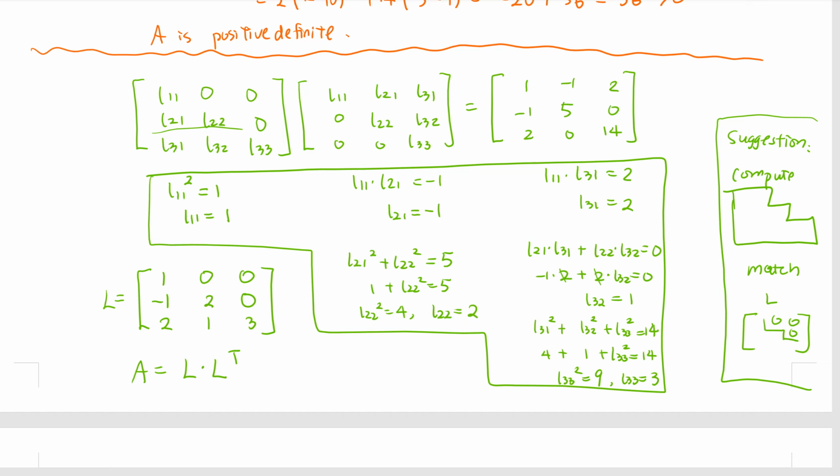But if the problem didn't require you to check whether the matrix is positive definite, then you don't need to check it. You just go ahead and use the Cholesky method to find the LU factorization for it. In this case, we just need to set up L because U is L transpose. So for a 3x3 matrix A, we only need 6 unknowns.